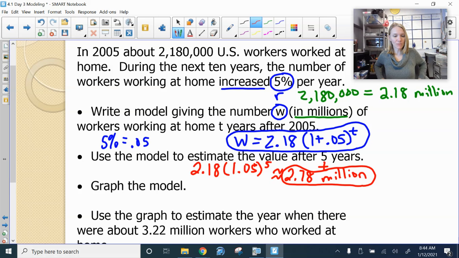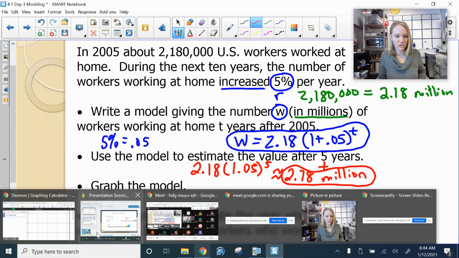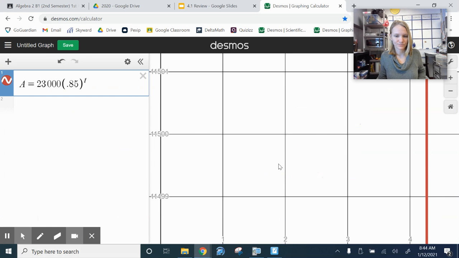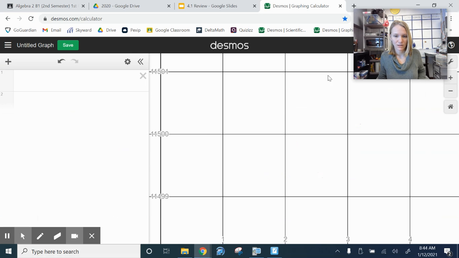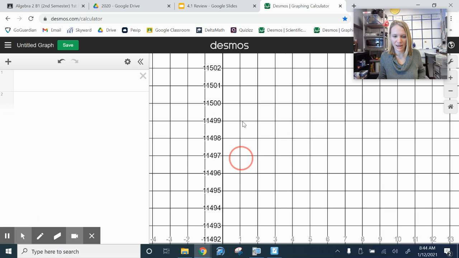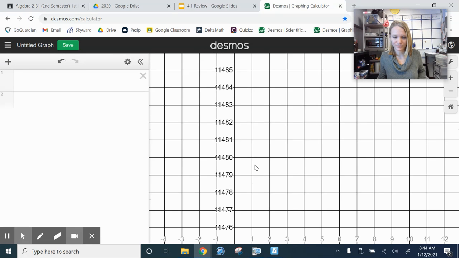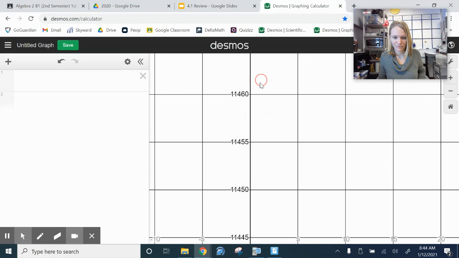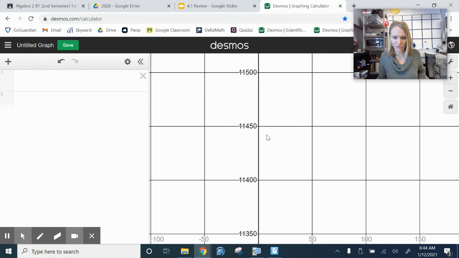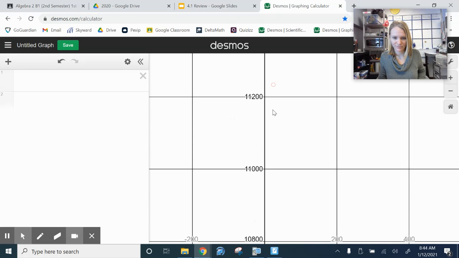Now this time, graphing the model is actually a little bit easier, because we've shortened the numbers, we don't have to change the scale as much. So if I was to go to my Desmos, I'm trying to think if there's a way for me to reset my graph and zoom it all the way out.